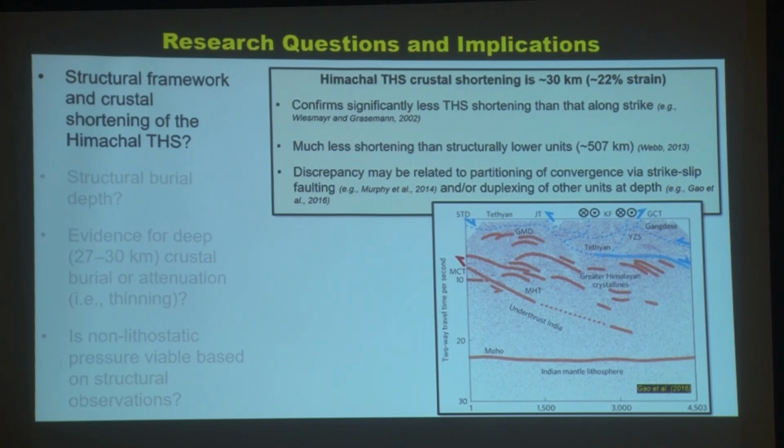And/or there could be duplexing of other units at depth, which is accommodating a lot of shortening. There's decent geophysical evidence of this. This is a cross-section from Gao et al. 2016. Here's the Tethyan thrust belt, and beneath it you have potential duplexing of the Greater Himalayan crystalline complex, which would, again, take up a lot of shortening.